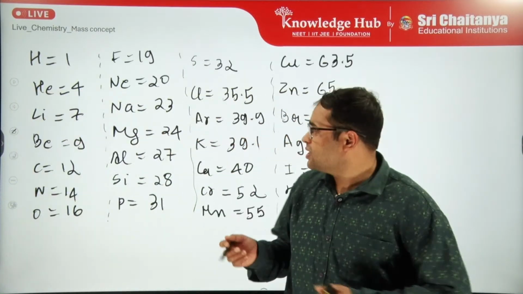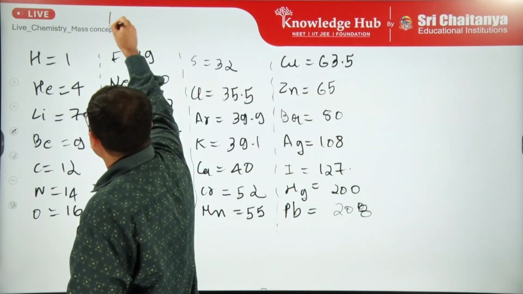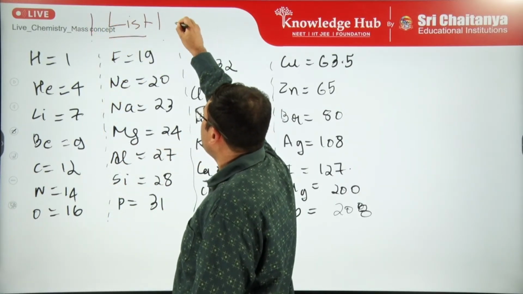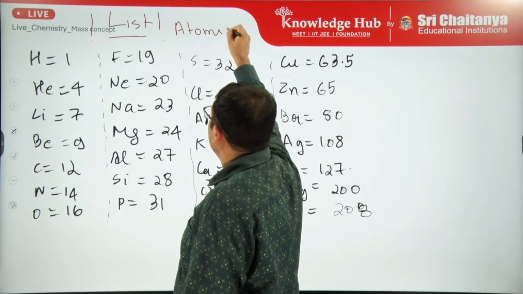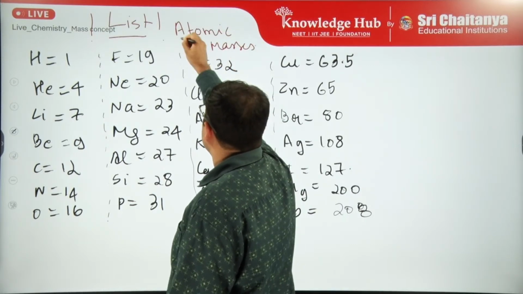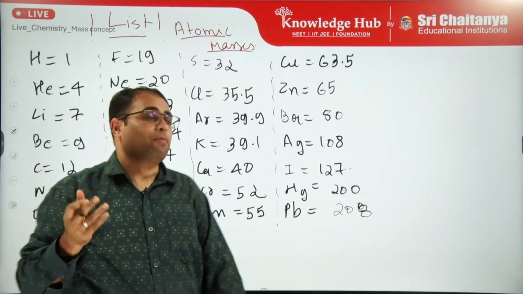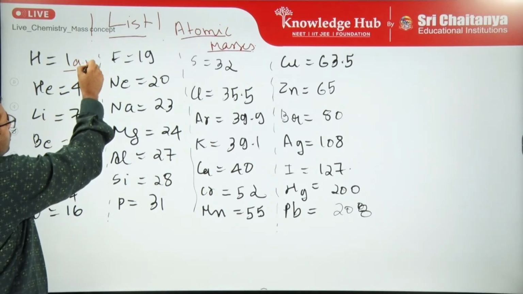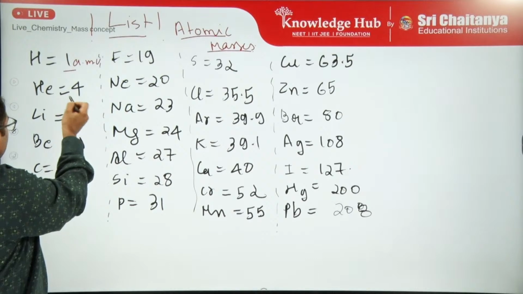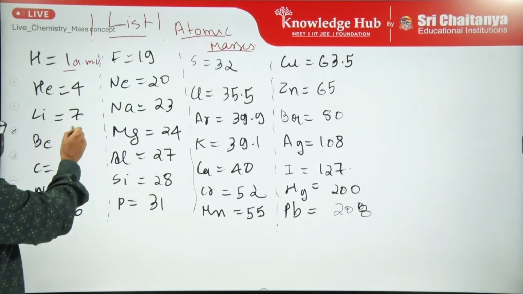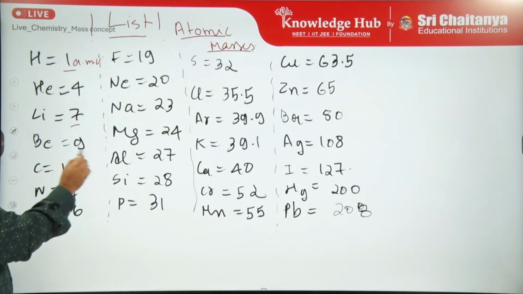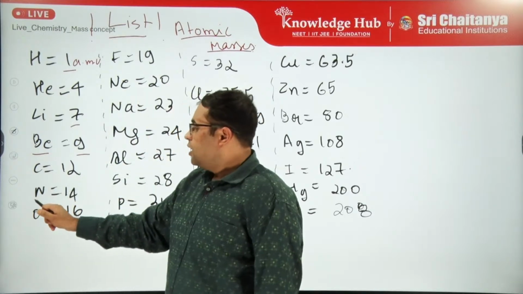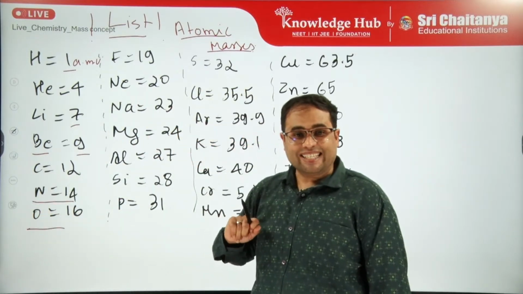Now as we are talking about masses, this is a list of atomic masses that you need to memorize. Hydrogen has 1 AMU, helium has 4, lithium has 7, beryllium has 9, carbon has 12, nitrogen has 14, oxygen has 16.